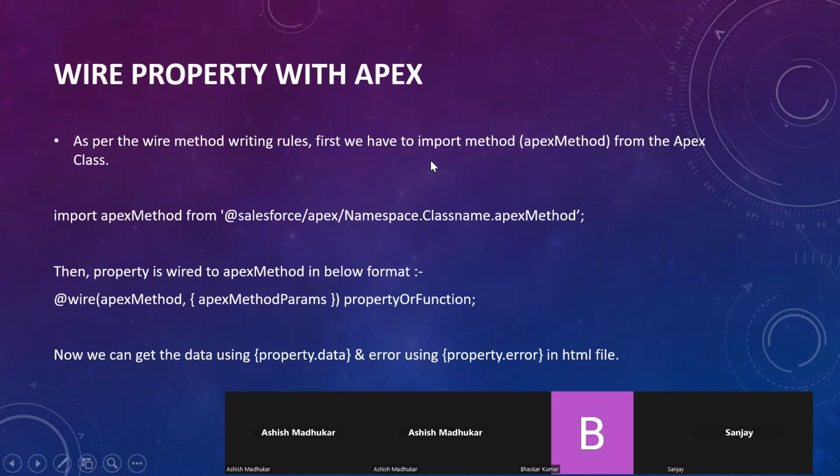The Apex method name here is not mandatory, you can give any name, but for understanding we are using the Apex method name, so we understand which method we are calling. After that, from @salesforce/apex, this is mandatory.